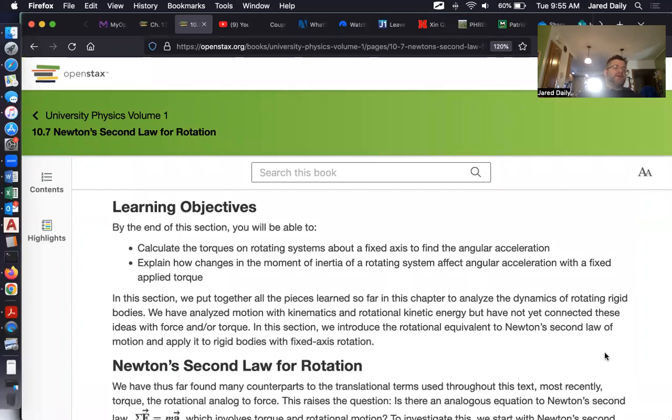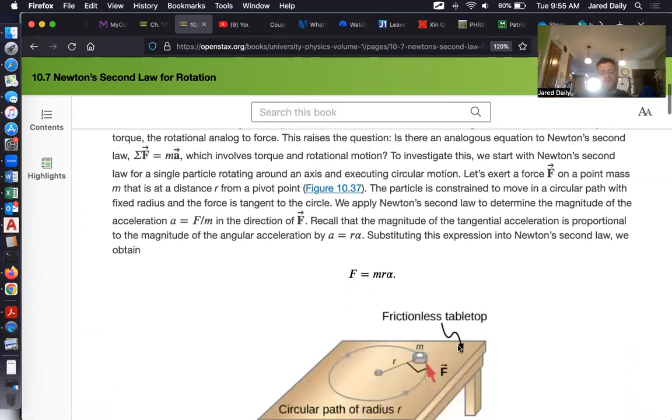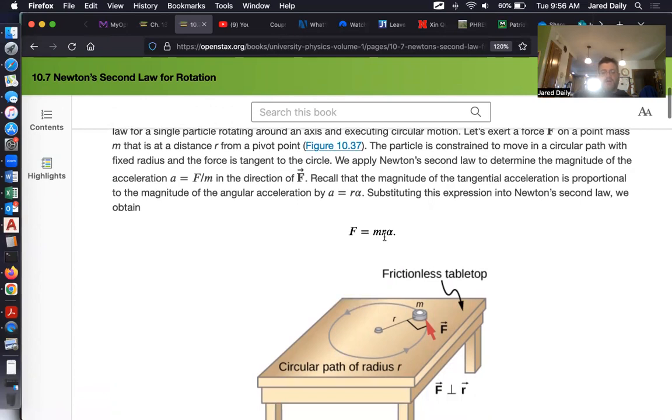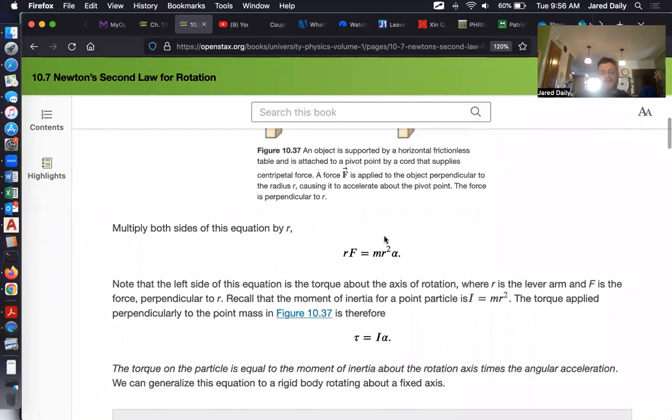Now, the interesting thing about torque is that if you take Newton's second law and plug in r times alpha, the rotational acceleration times r, which is equal to the tangential acceleration in rotation, if you replace that a with r times alpha, you get force equals m r times alpha. Well, how do we get I?